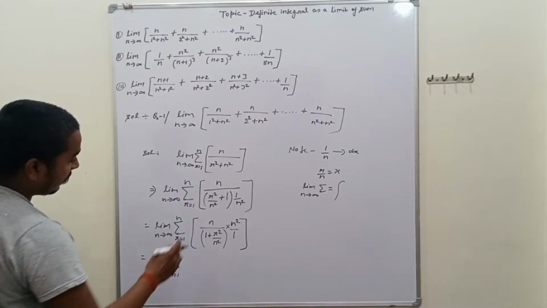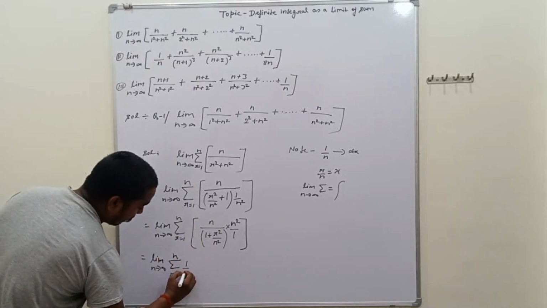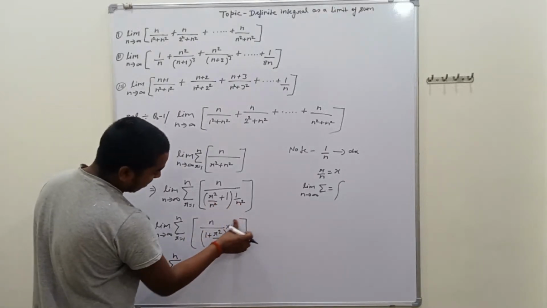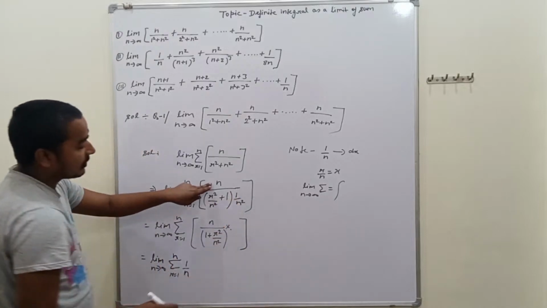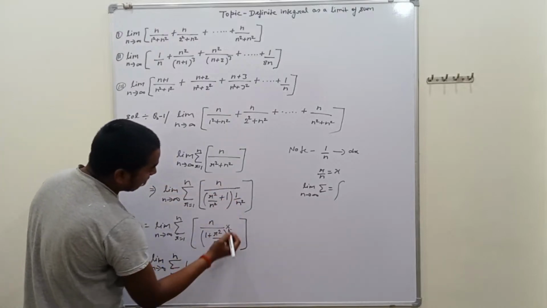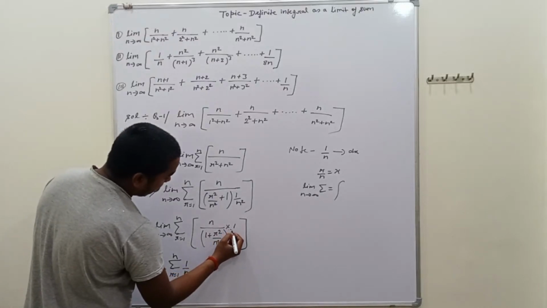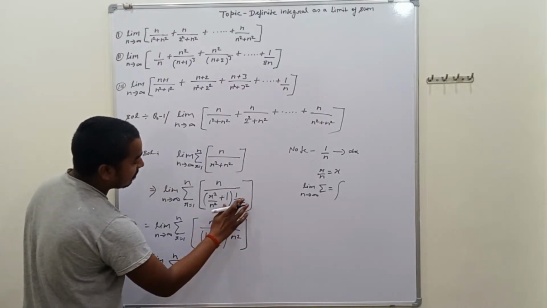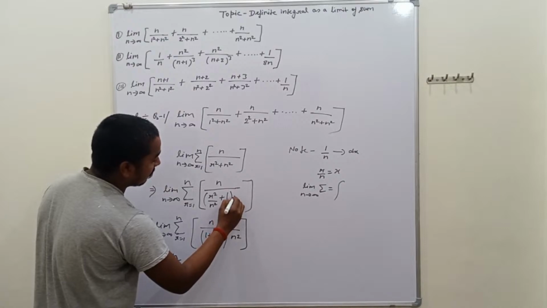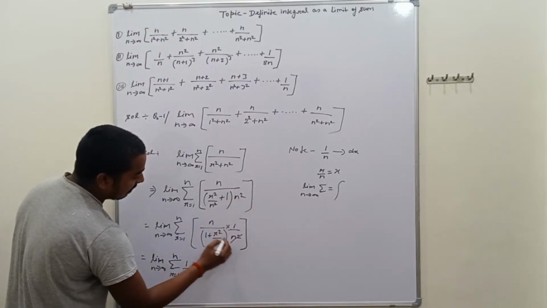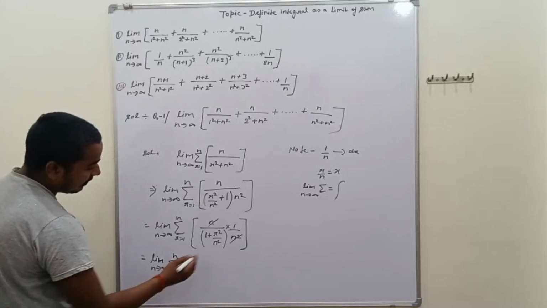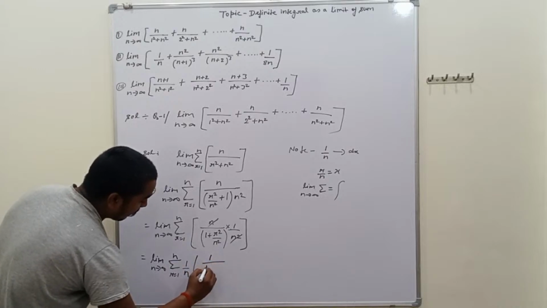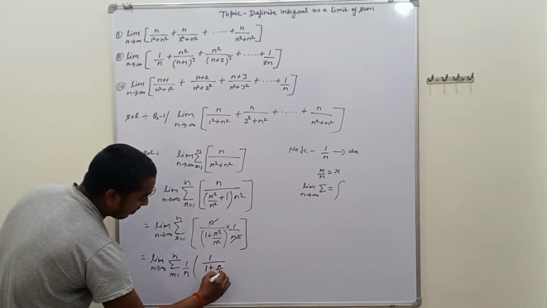Taking 1 by n common, some mistake happened. Taking n square common, n square, 2n is cancelled, remaining n, that is 1 by n is taken common, remaining is 1 upon 1 plus the whole square of r by n.